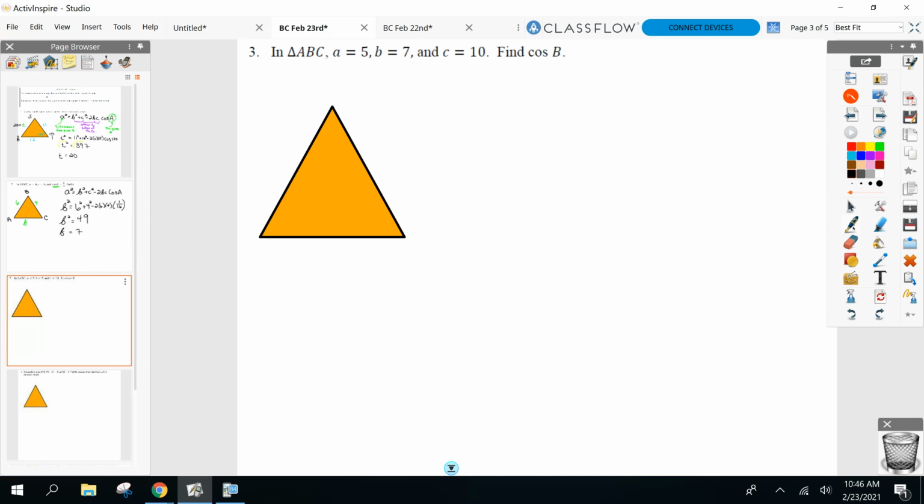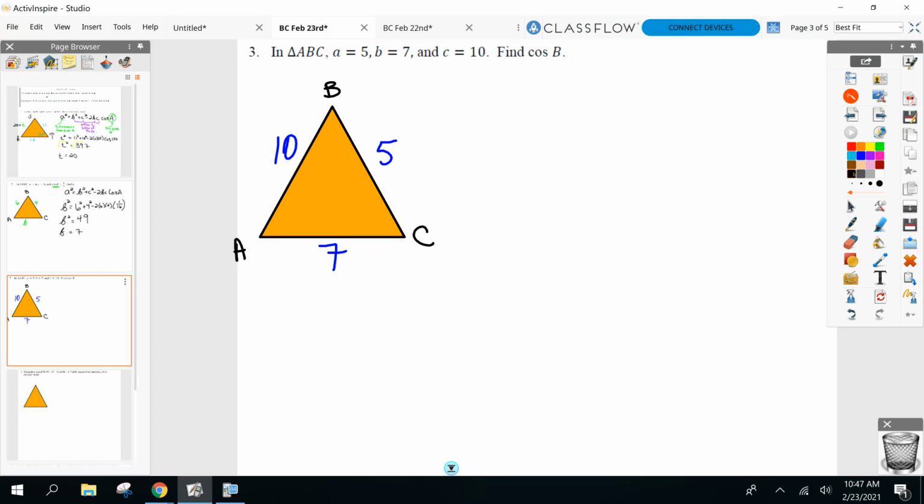What happens if I need to solve for something on the right side? Find cosine B now. What fraction is equal to the cosine of B?